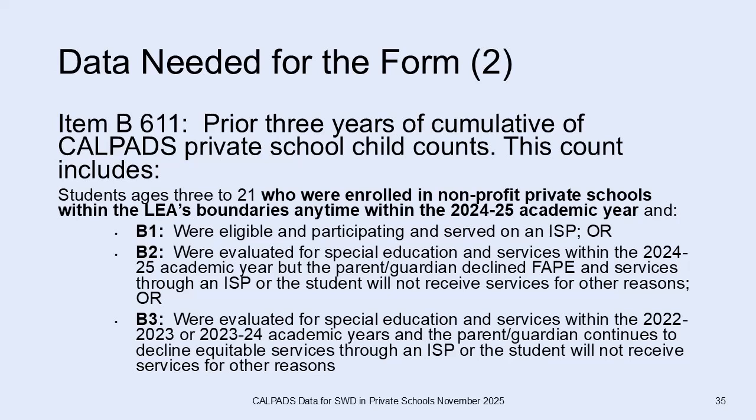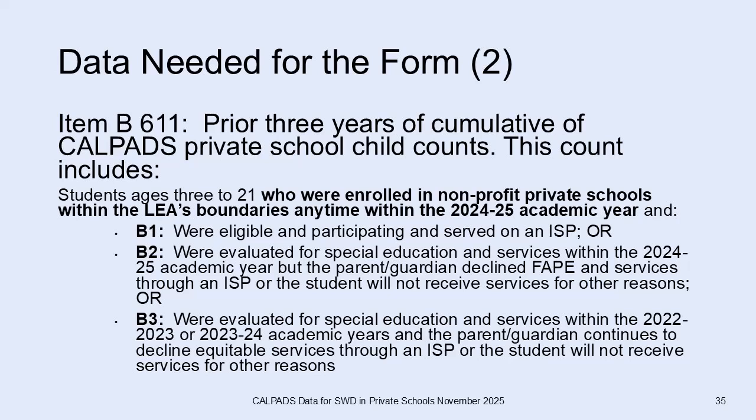This child count includes, on the 611 form, students ages 3 to 21 who were enrolled in non-profit private schools within the LEA's boundaries anytime during the prior year, 24-25. They were still enrolled; they could have been evaluated 3 years ago, but they were still enrolled in 24-25. And either they were participating on an ISP at that private school, or they were evaluated in 24-25 and the parents declined, or they weren't on an ISP for other reasons.